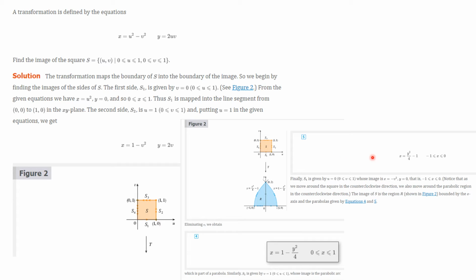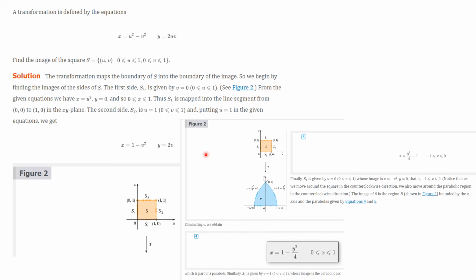Now in a similar fashion, when we work through this, we can find that x equals y squared over 4 minus 1 when x runs from minus 1 to 0, and that is what happens when you do S3. Now S3, you see you're going from the top to the bottom, and then S4 is going to be similar.